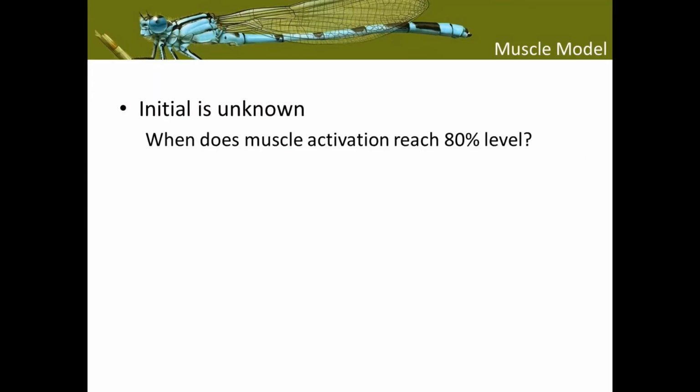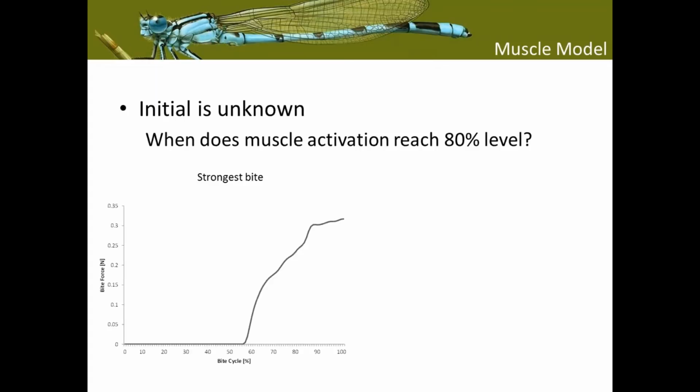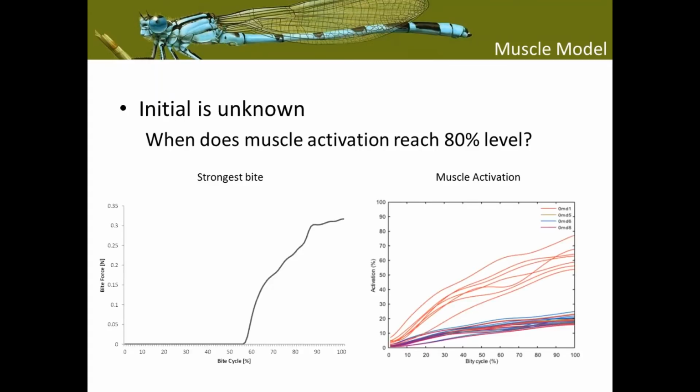But even in this approach, we did not know the initial muscle force. So we used another approach. We took the force of the strongest bite and defined the muscle model with a really high initial force, so the muscle activation was about 0%.